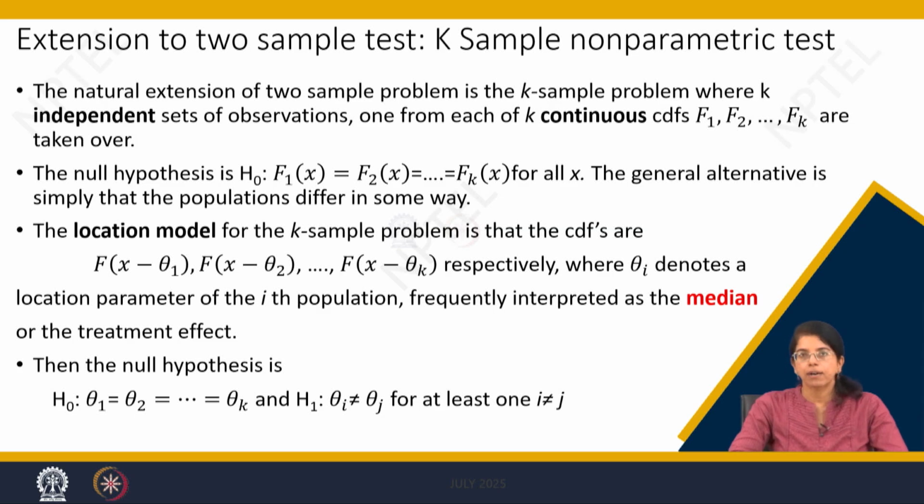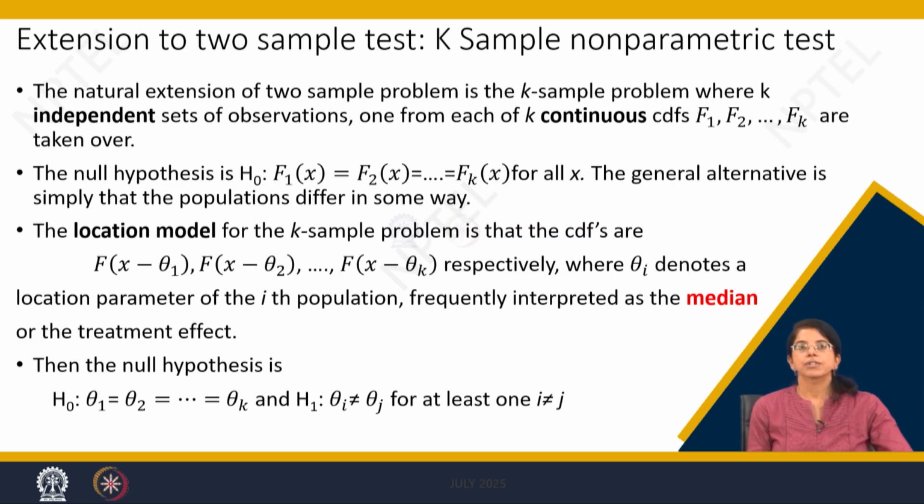The location model. When we say that k populations are different, this difference can be reasoned out in many ways. It can happen because of the location, or because of the scale, and so on and so forth. But here we are specifically taking that the k populations differ by their location parameter.